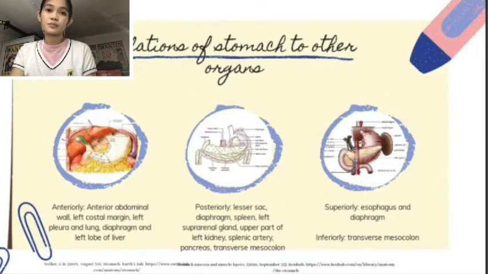And posteriorly, we can see the lesser sac, the diaphragm, the spleen, the left suprarenal gland, the upper part of the left kidney, the splenic artery, the pancreas, and also the transverse mesocolon, as we can see in the picture. And lastly, superiorly, we have the esophagus and diaphragm.